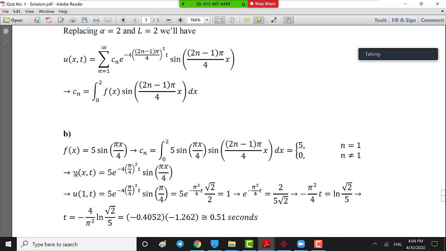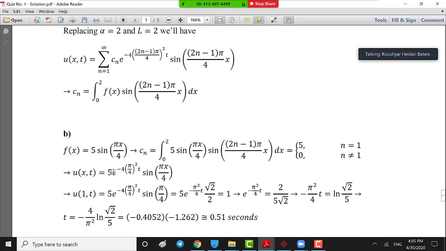Now, after finding u of x and t, most of the job is done, but our job is not over. The question says, how long does it take for the temperature at the middle of the metal rod, which is the point x equal to 1 centimeters, to drop to 1 degrees Celsius, right?